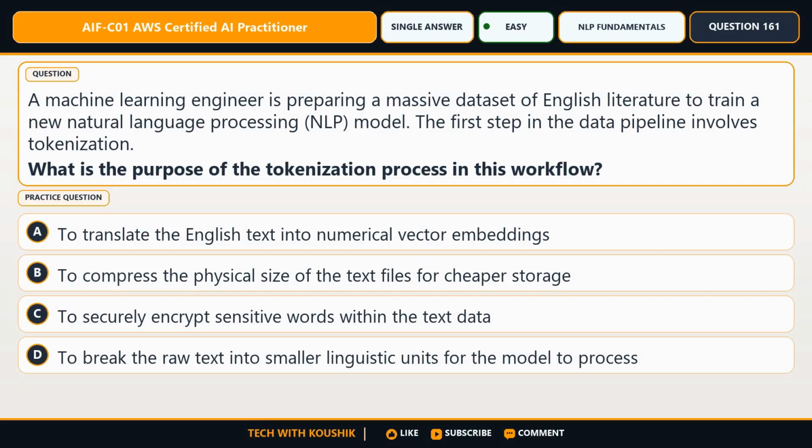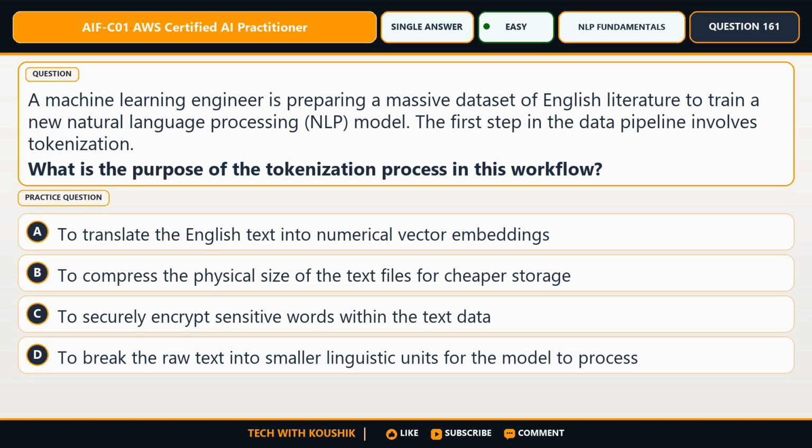Next, question number 161. A machine learning engineer is preparing a massive dataset of English literature to train a new natural language processing (NLP) model. The first step in the data pipeline involves tokenization. What is the purpose of the tokenization process in this workflow?